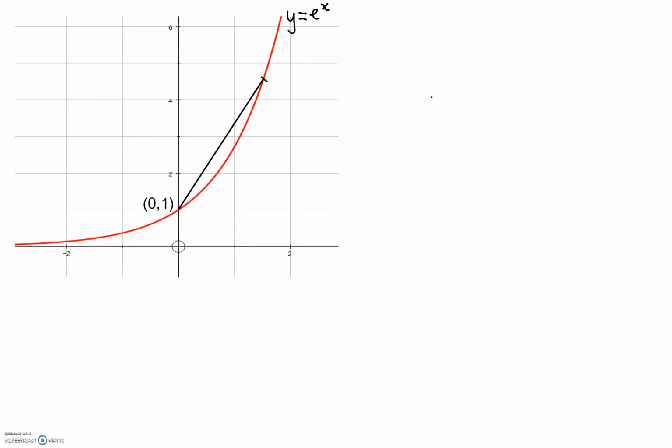So we've got 2 points. We've got the point 0, 1, and we've got another point up here, and the coordinates at that point are h, e to the h, where h is a small value. And we're going to look at the gradient, so we'll draw in the change in y over the change in x.